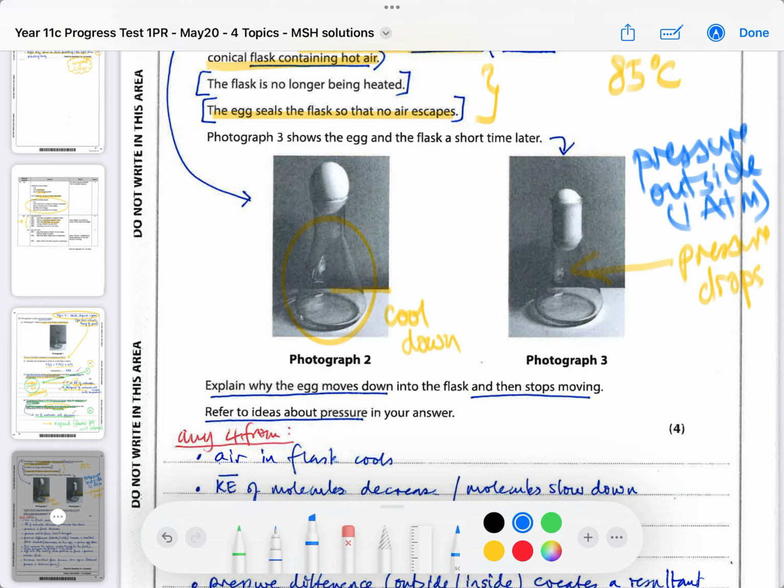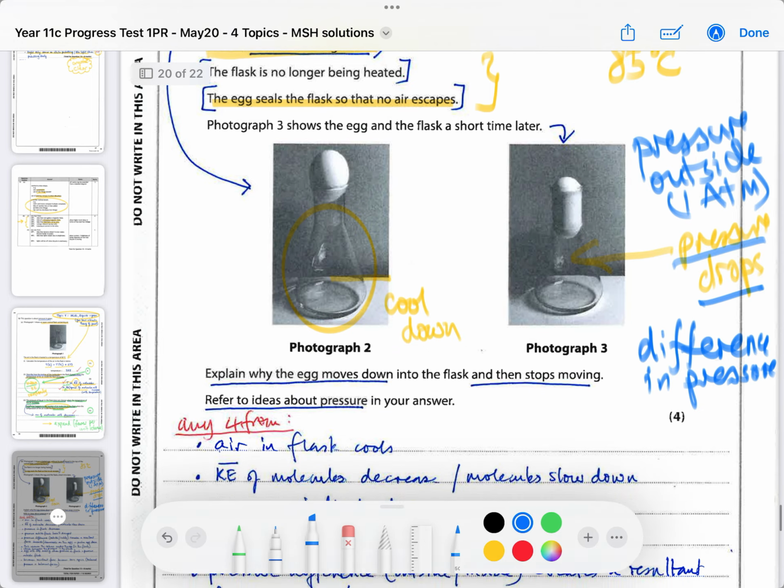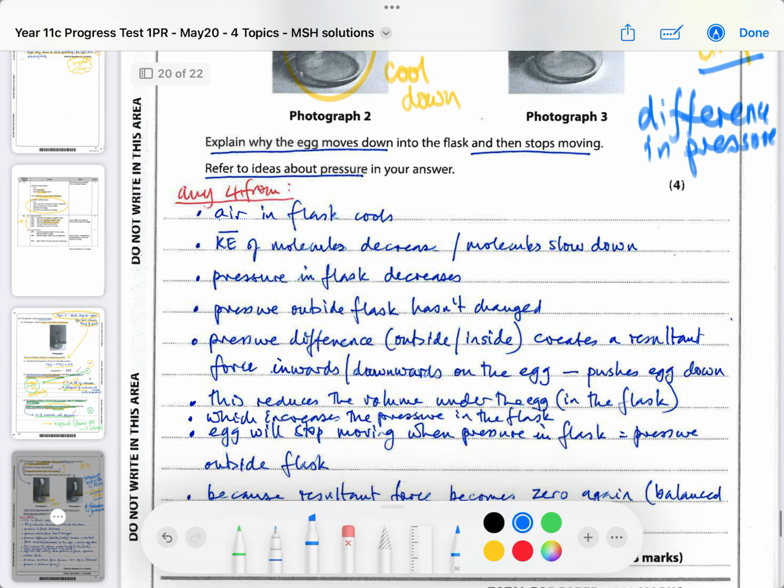So the pressure outside hasn't changed, but as you let the flask cool down, the pressure will drop, and that sucks the egg downwards. Because remember, the shell's been removed, so it's soft, and this is a good question to make you realize that there is a difference in pressure. A difference in pressure will create a downward force on the egg, and the egg will change shape.